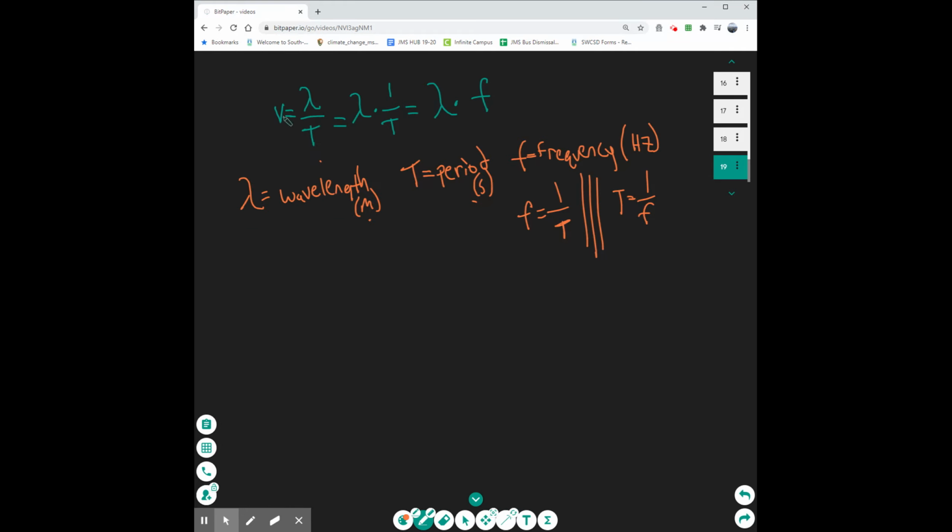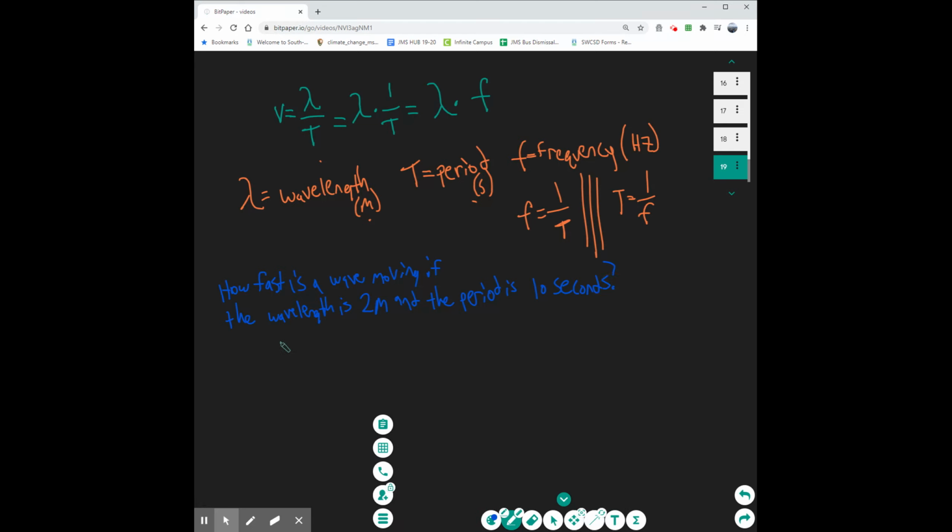If I'm looking for velocity, how fast is a wave moving if the wavelength is 2 meters and the period is 10 seconds?